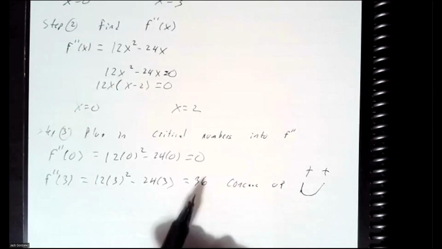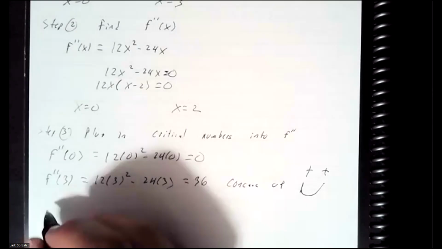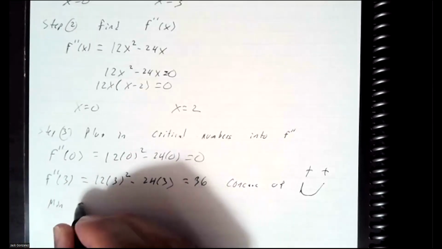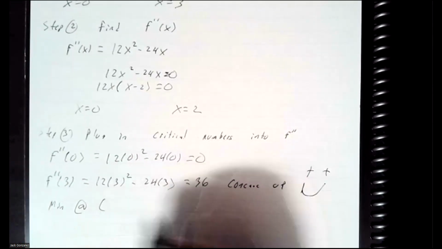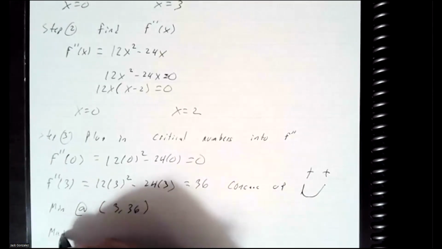All right, so since it's plus, it's concave up, which means we have a minimum. So now we can make the conclusion, say there's a minimum at 3, 36, and we found no max.